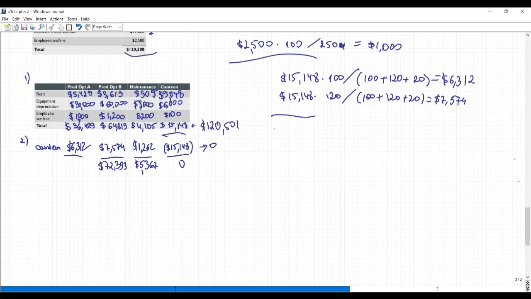And let us write what's going to be for production department A. It's going to be 36,429 plus 6,312, and that's going to give us the total of 42,741.